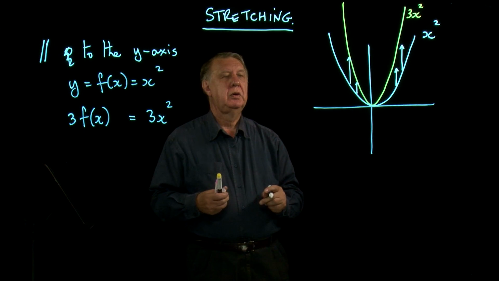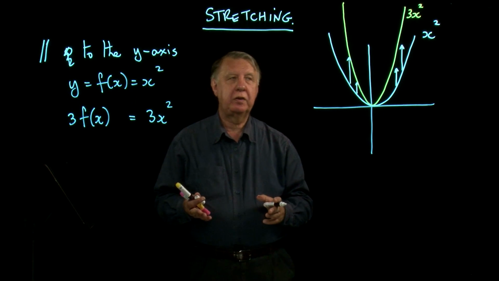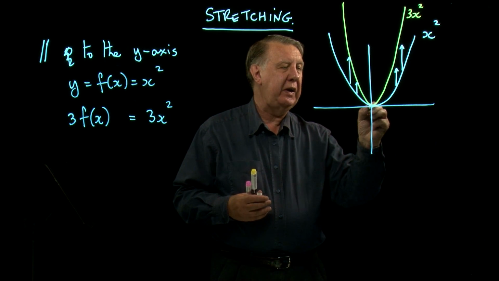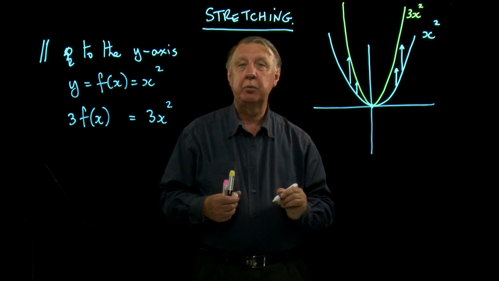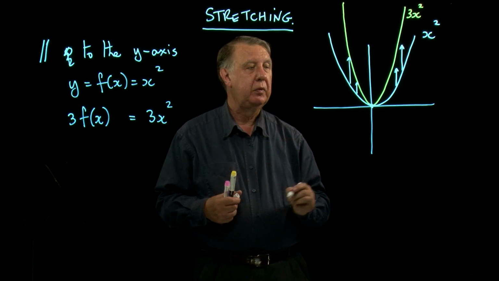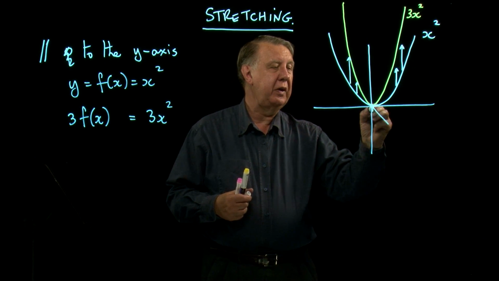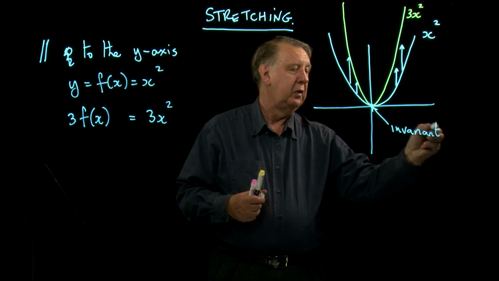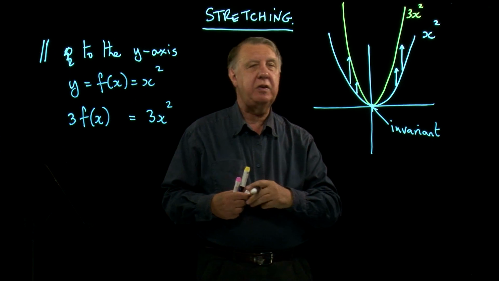And so we have the idea of stretching. Now, you'll notice, of course, that this point here hasn't gone anywhere. It stayed there. And we say that this point is invariant. The word invariant means it doesn't move.